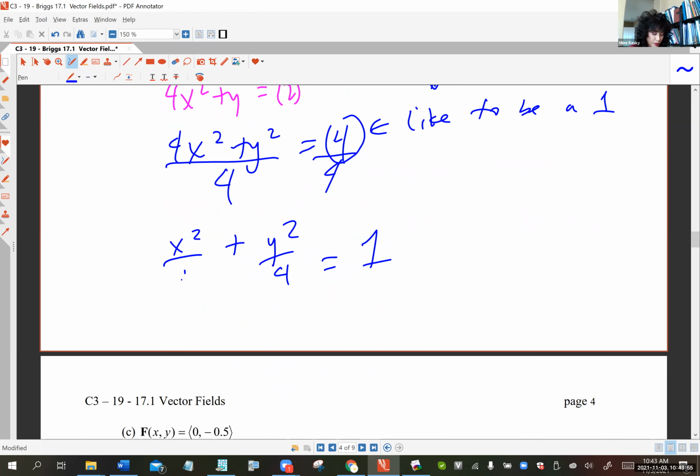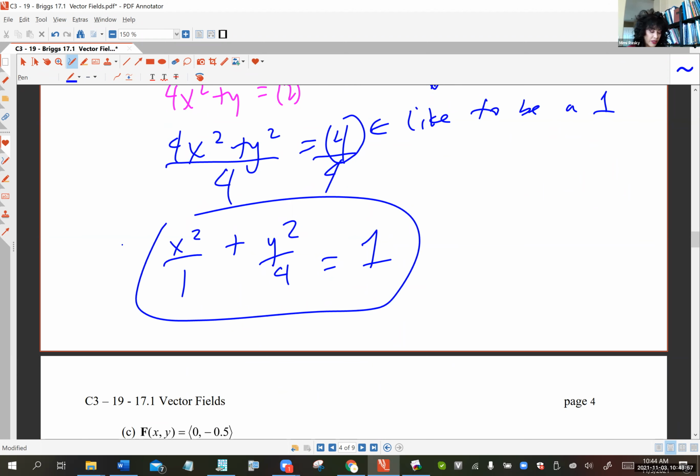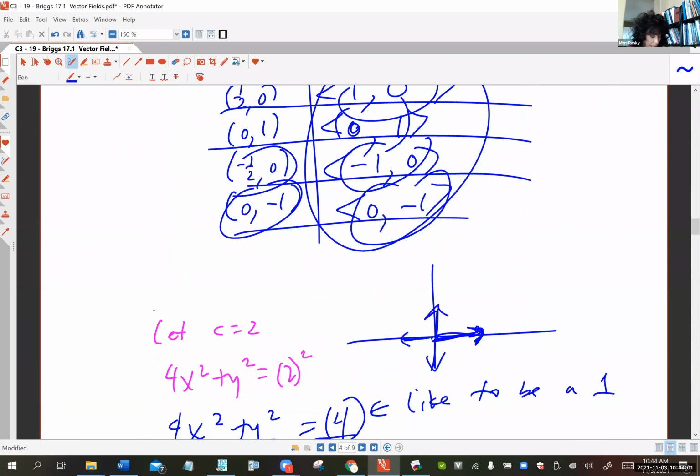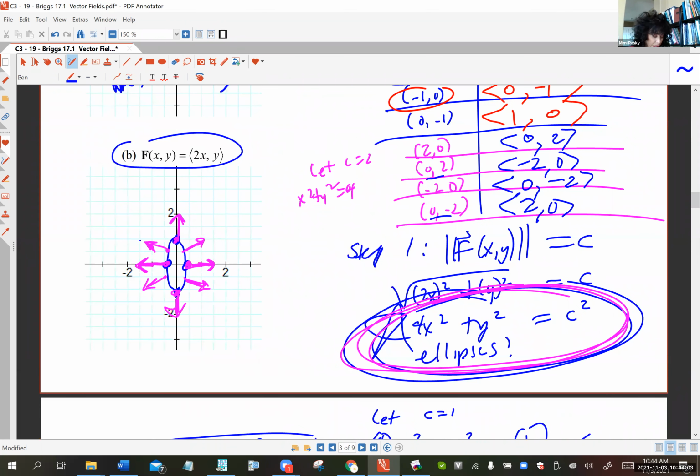Now it's in standard form, and now this is an ellipse whose x-intercepts are plus or minus square root of 1, which is 1, and whose y-intercepts are plus or minus square root of 4, which is plus or minus 2. Oops, I gotta do this right. Because the y is plus or minus 2, the x is plus or minus 1. I gotta make sure I draw this ellipse right. So it's gonna be this kind of skinny ellipse like so.